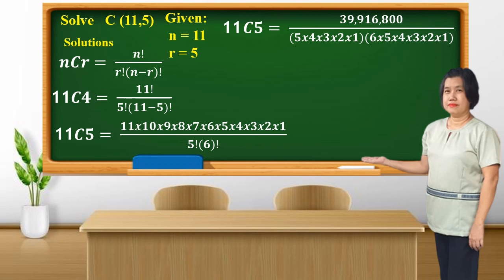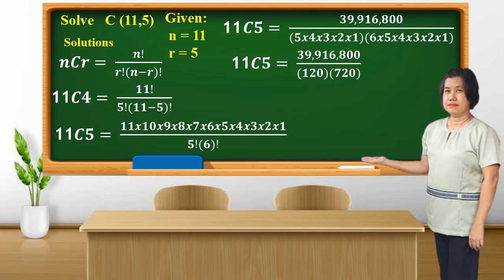39,916,800 divided by 5 factorial times 11 minus 5 factorial, which is 5 factorial times 6 factorial. And 5 factorial is equal to 5 times 4 times 3 times 2 times 1, times 6 factorial, which is equal to 6 times 5 times 4 times 3 times 2 times 1, which is equal to 120 times 720.